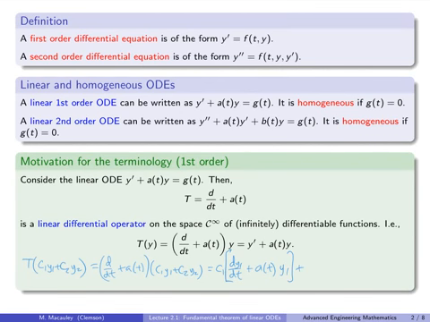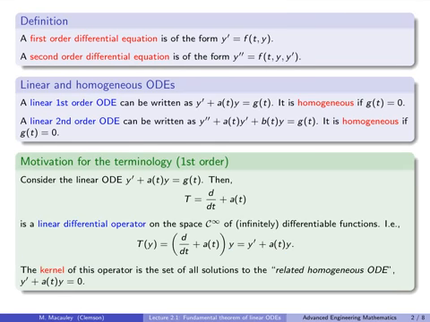And then the same thing in the second term, we get c2 dy2 dt, and then the last term, plus a of t times c2 times y2. And indeed, this is c1 T of y1 plus c2 T of y2. So this is indeed linear.